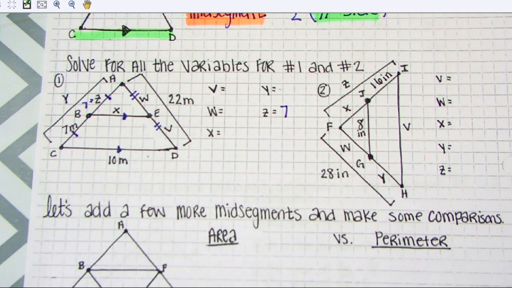Now that we know Z, now we can solve for Y. So what is the value of Y? Because B is a midpoint. So midpoint means middle. So whatever half of it is, the other half has to equal that too.